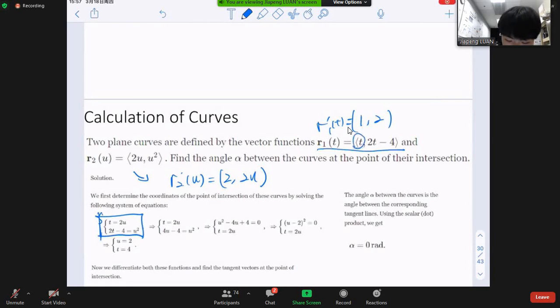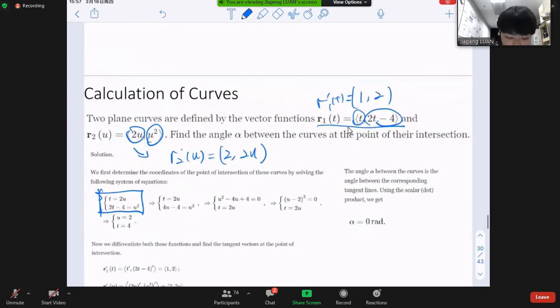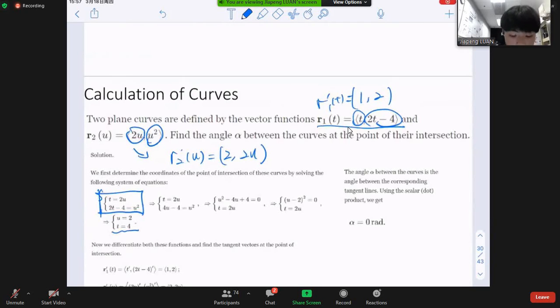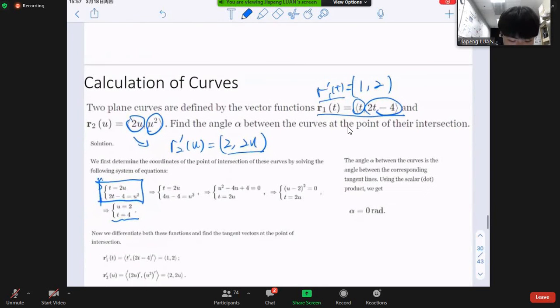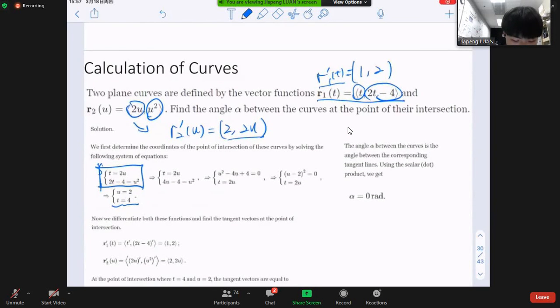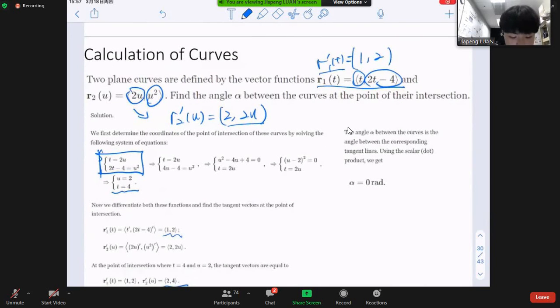You make this t equal to 2 times u, and also this equals this. And then you can get what t is and what u is. And then you can know at this point what R2 prime and R1 prime are. You can get R1 prime is this and R2 prime is this, right?